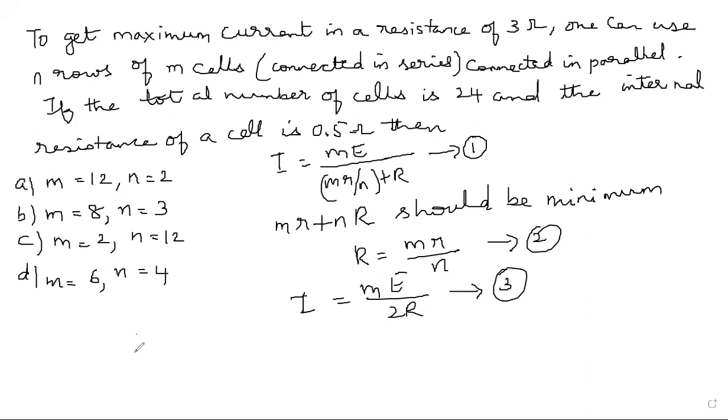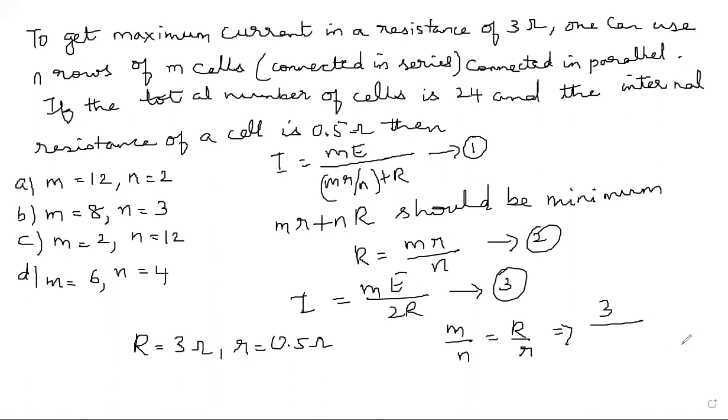Here they given R is equal to 3 ohm and small letter r is equal to 0.5 ohm. Now, in equation 2, I can write m by n is equal to R by 2r.